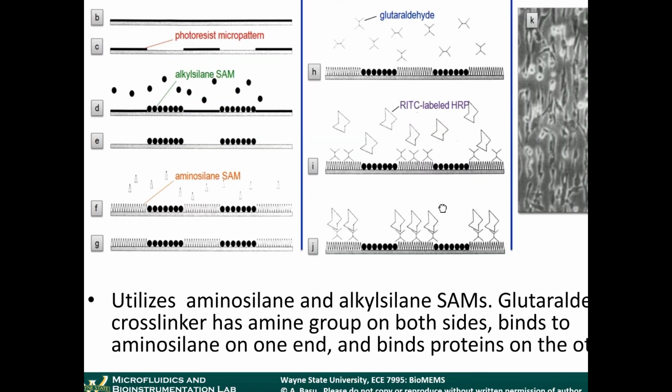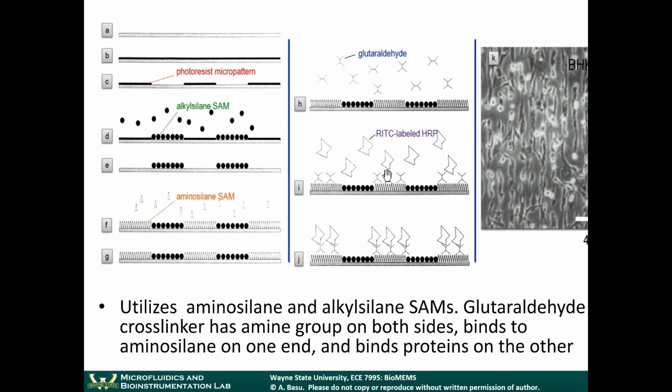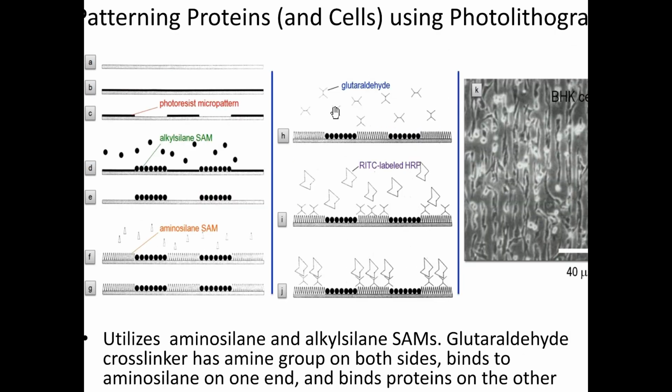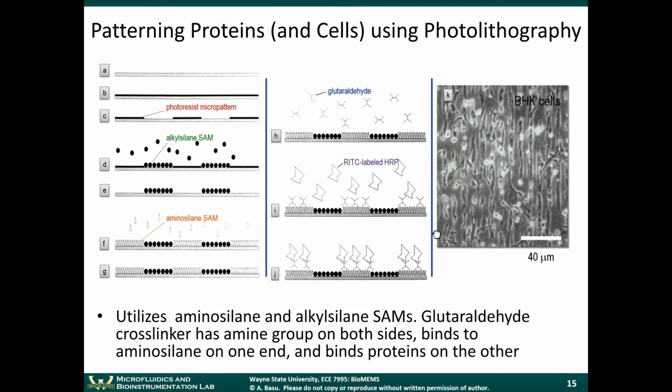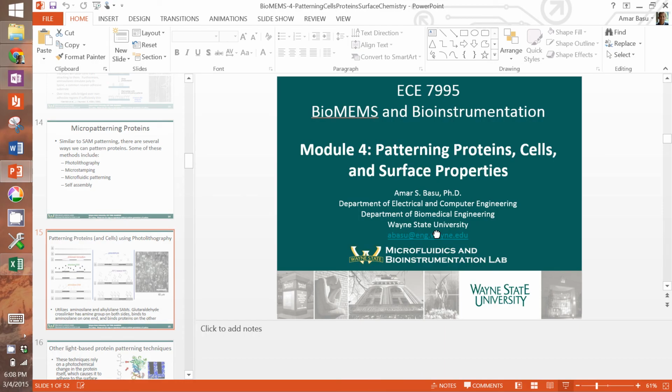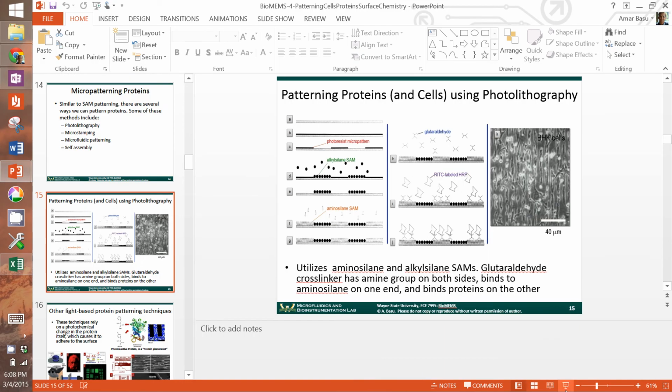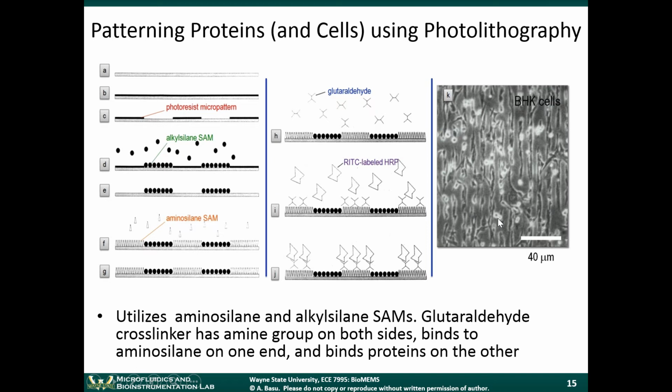All right, so the point here is that by having two self-assembled monolayers, one is preventing the attachment of glutaraldehyde, and the other one is enhancing the attachment of glutaraldehyde, which ultimately attaches the protein. So you end up with a nice contrast of one cell type versus the other.